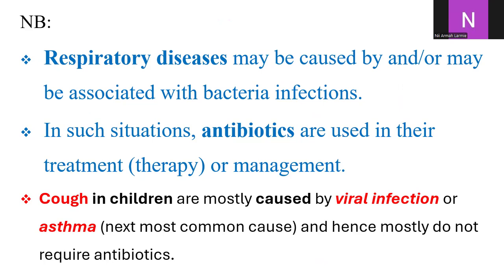But we still want to insist that for children, most of the cough, productive cough, is not caused by bacteria, but it's caused by virus, or it could be an indicator of asthma.